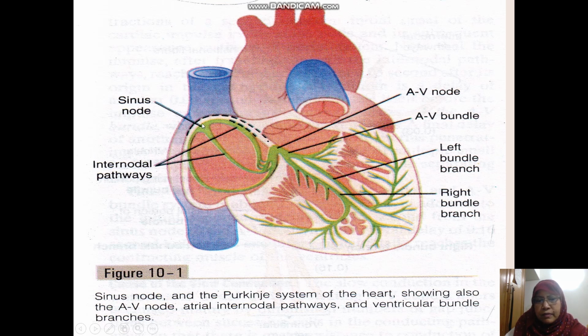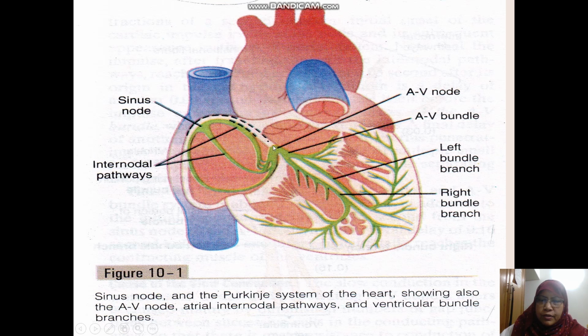Now, about the junctional tissue. This is the location of junctional tissue. SA node is present at the posterior wall of the right atrium, just below the opening of superior vena cava.